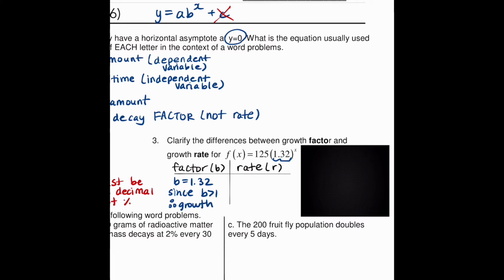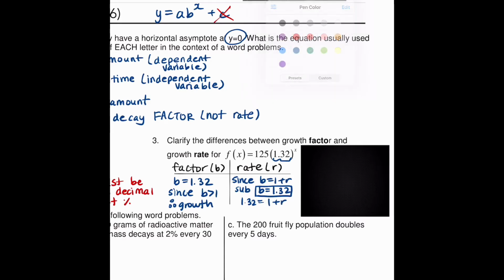Meanwhile, I have the rate. How do I find the rate? Well, we had that little equation from question 2, which is B is equal to 1 plus R. I'm simply going to sub in B is equal to 1.32 to try to find out what my R is. So B is 1.32. I'm going to sub that into that above equation, and I get the following.